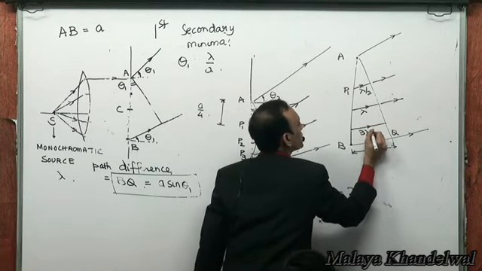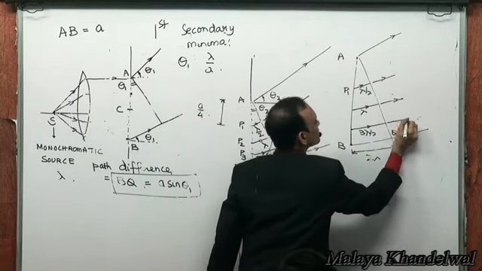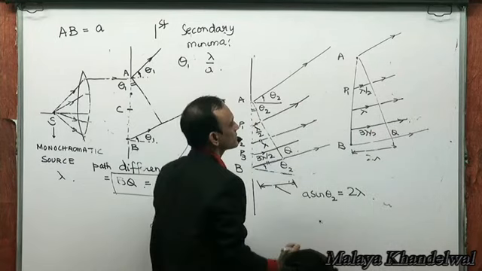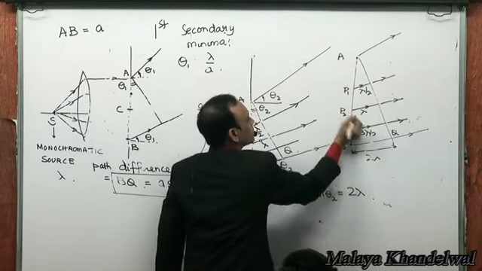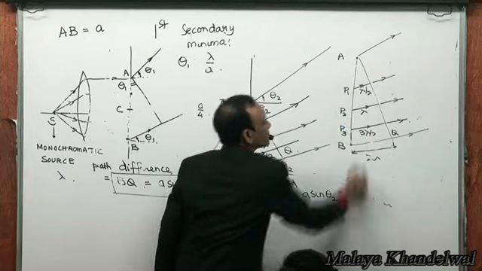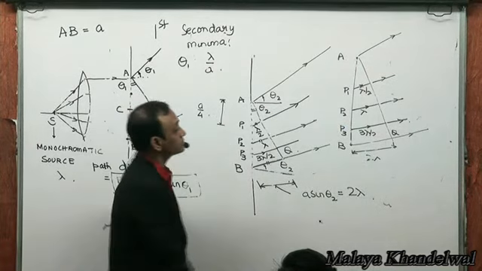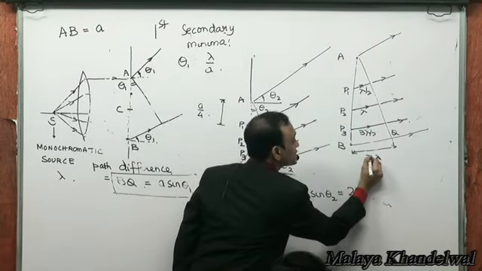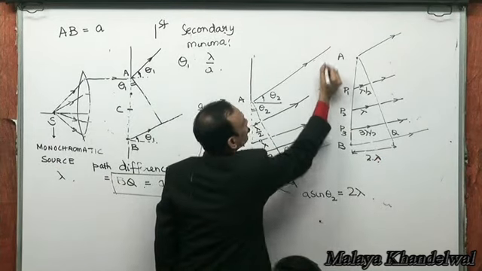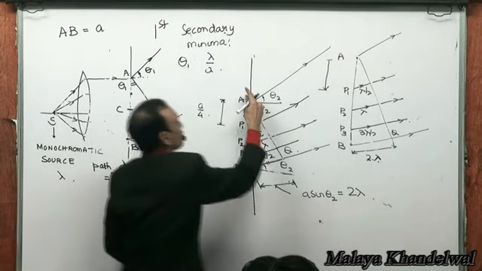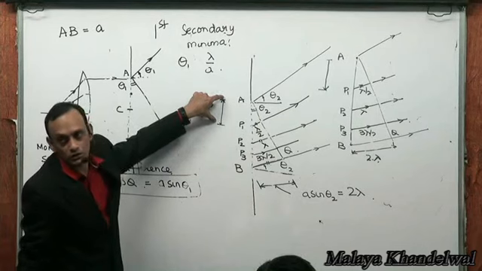This is 3 lambda by 2. Yes or no? Now, please understand this. From A to P1, what's the vertical separation? A by 4.